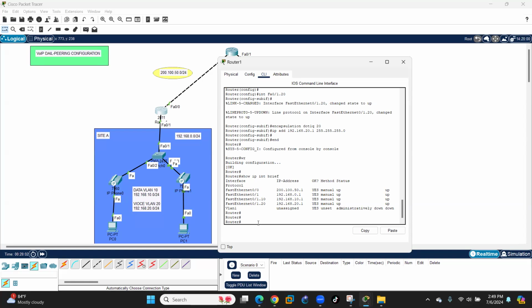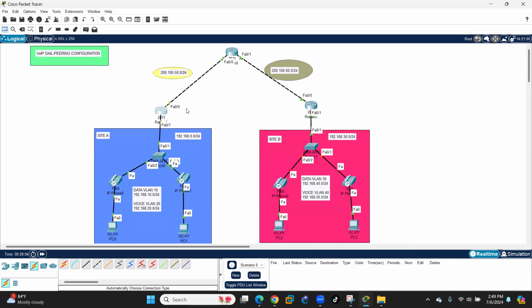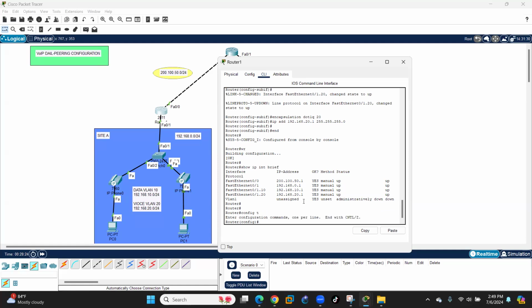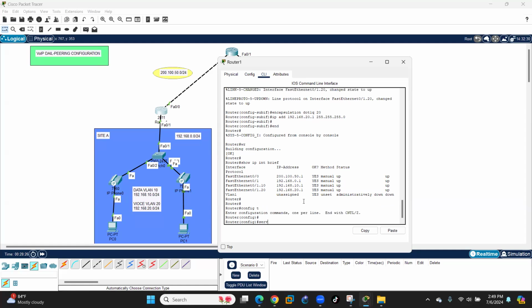Now we are going to enable DHCP on this router so that it can give IP addresses to the devices. I'll first enable the DHCP service. Most of the time, this service is already enabled, but I'm just showing you how to enable it. Config t, and if it's not enabled, just type service dhcp.